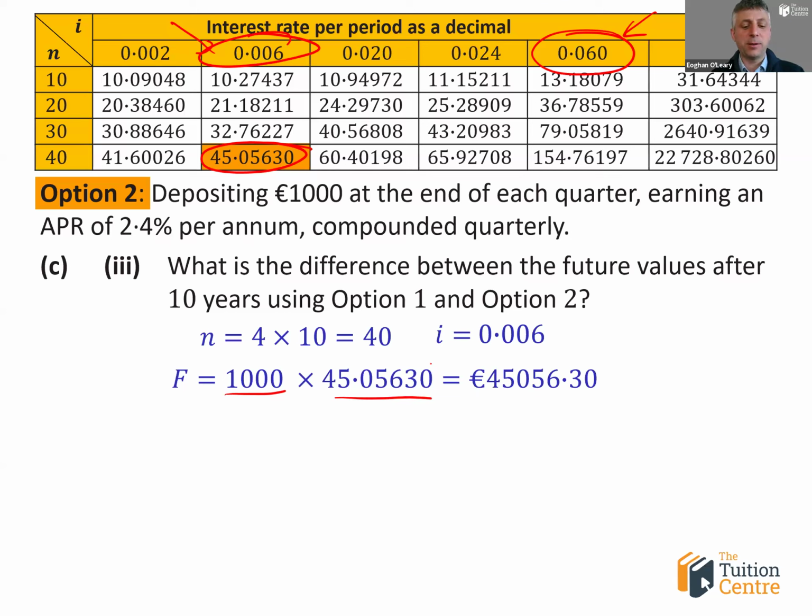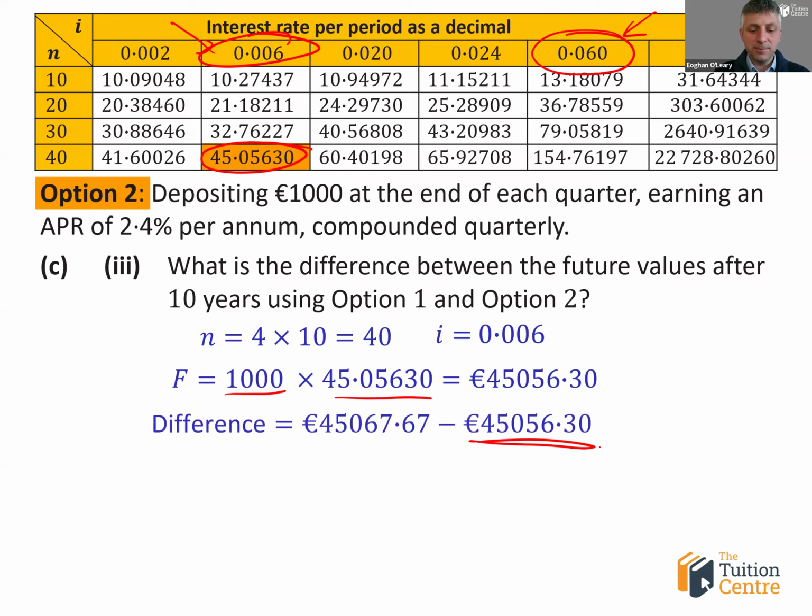So you're multiplying that by 45.05630. That'll give you 45,056 euros and 30 cent. So the difference between that, which is option B, and this, which is option A, is actually just 11 euros and 37 cent. So they're very similar either way. So that's the end of that question.